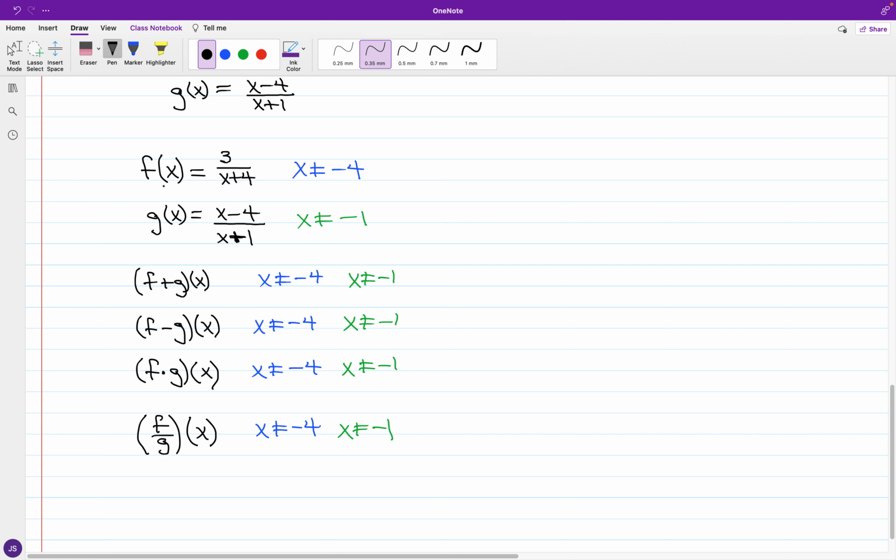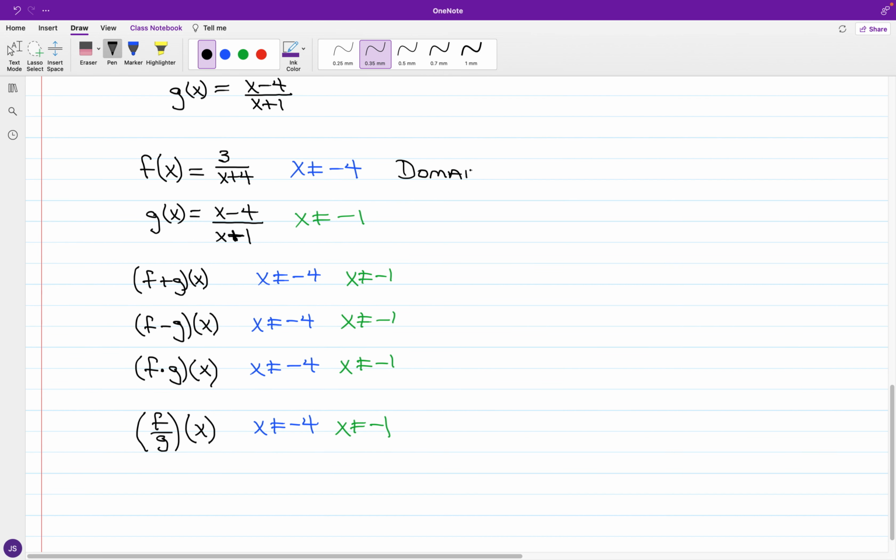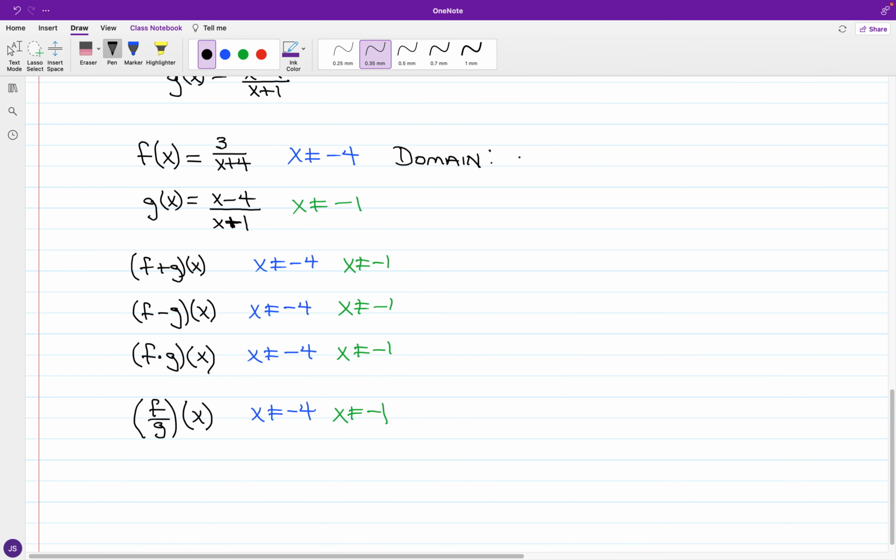Now for f of x, we can go ahead and specify that domain. With the exclusion of negative 4, we have those values of x less than negative 4, and those values of x which will be greater than negative 4.